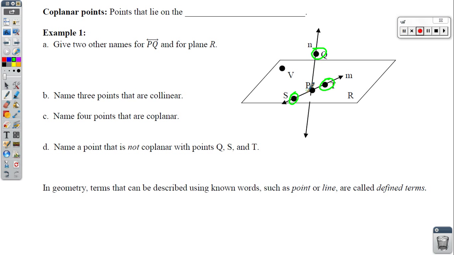So imagine taking another sheet of paper and resting it vertically on top of that sheet of paper so that it goes through all points S, T, and Q. Well, if we had another piece of paper sticking up vertically, hitting the plane just at the edge of the piece of paper, then V would not be on that piece of paper. So V is not coplanar with Q, S, and T.